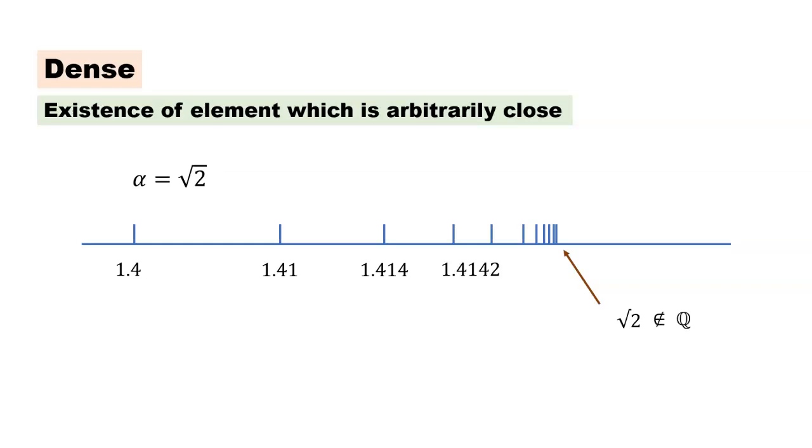But note that this sequence approaches root 2, and root 2 doesn't belong to the set of rational numbers. But I can always find a rational number in this sequence which is as close to root 2 as I want. This denseness is determined by the existence of a term which is as close to root 2 as you want.